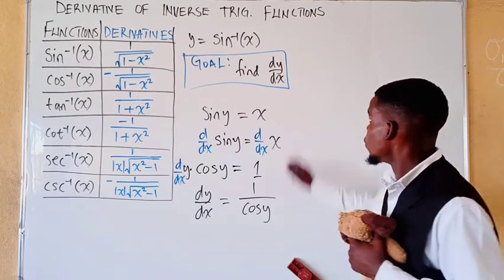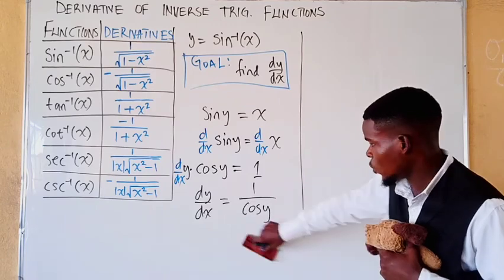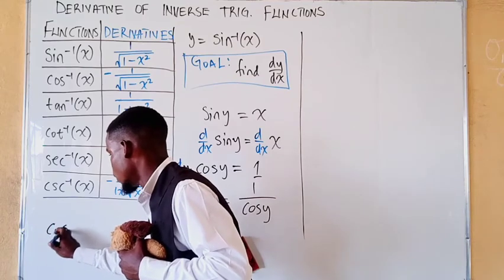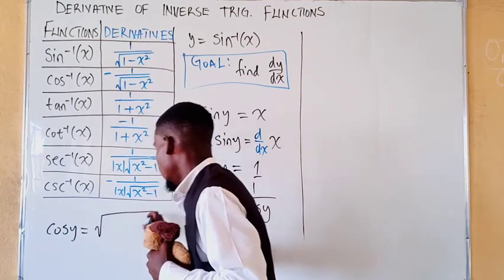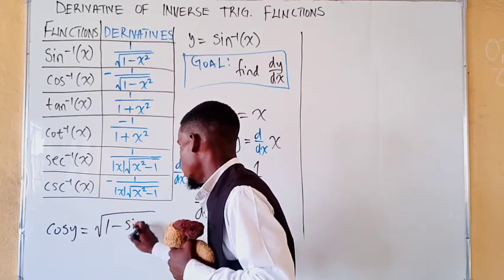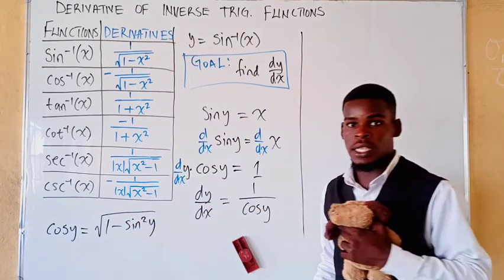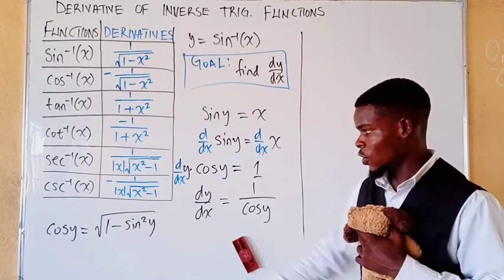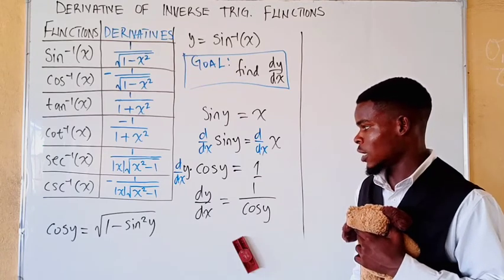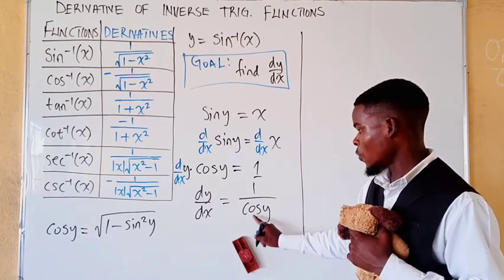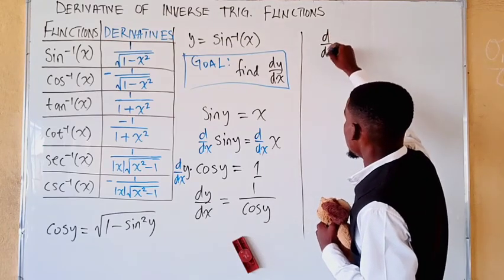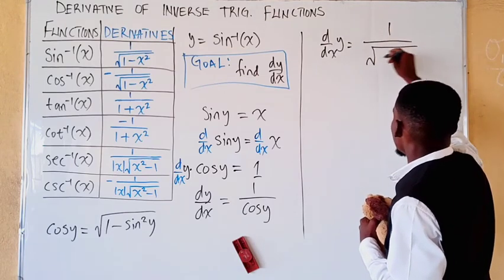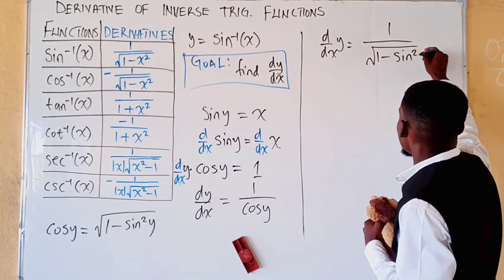We use a well-known trigonometric identity: cosine squared y is 1 minus sine squared y. Taking the square root of both sides, cosine y is the positive square root of 1 minus sine squared y. So in place of cosine y, dy/dx is 1 over the square root of 1 minus sine squared y.